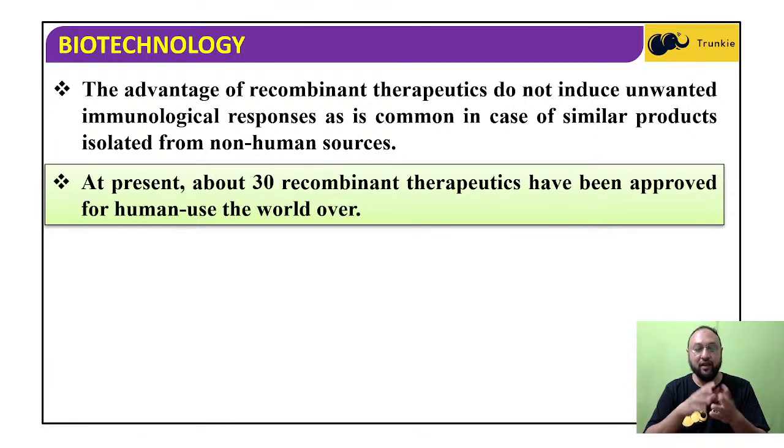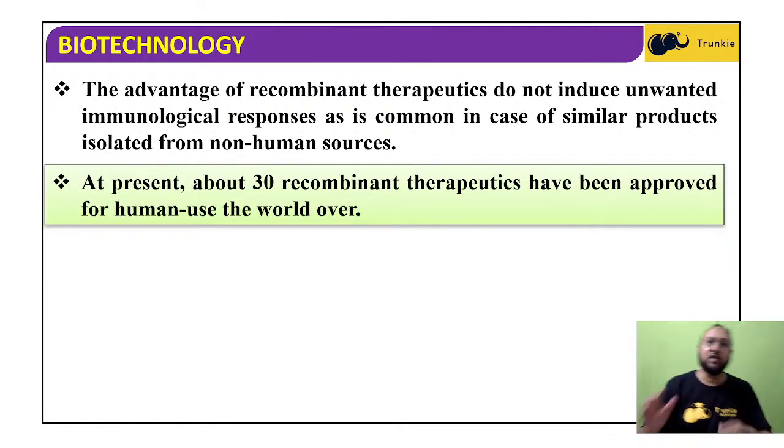The immunity will try to go against them and treat them as a foreign body. But in the case of recombinant therapeutics, this rejection from the immune system is not observed, and that is very advantageous for the treatment.